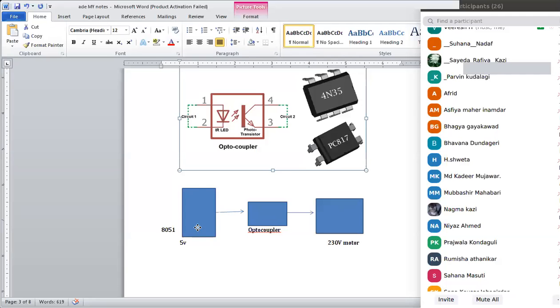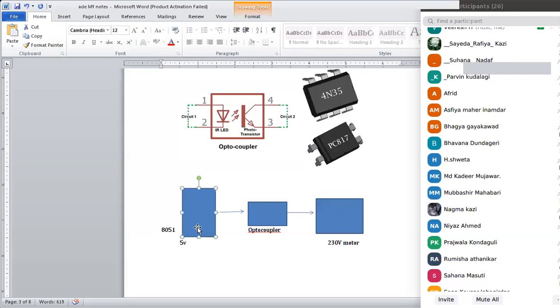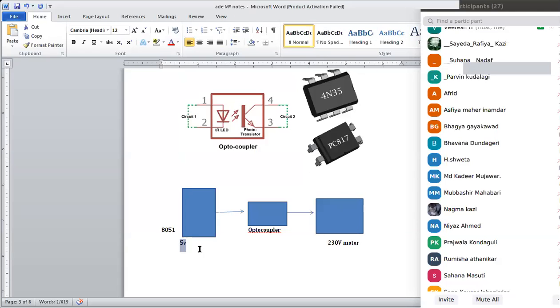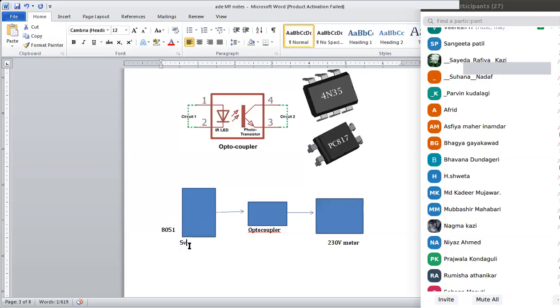Okay, fine. So on the left side we have the 8051 microcontroller, which controls the programming part and works on 5 volts. This is the hardware. On the right side we have a 230 volt AC motor.